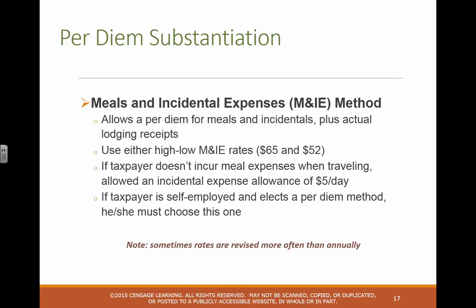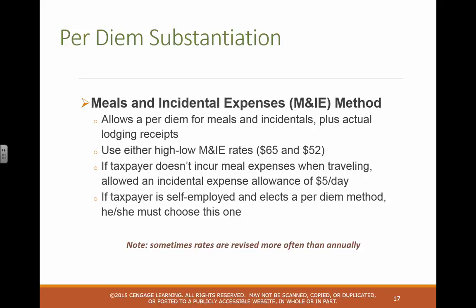It's for people that like to stay at nice places. I'm not interested in staying somewhere for $115 a night. I stay in 4-star places, so I want to take my actual lodging, but I don't want to hold on to all my receipts for my taxis and my tips and my meals. So then I'm going to get, again, a high-low, 65 or 52.